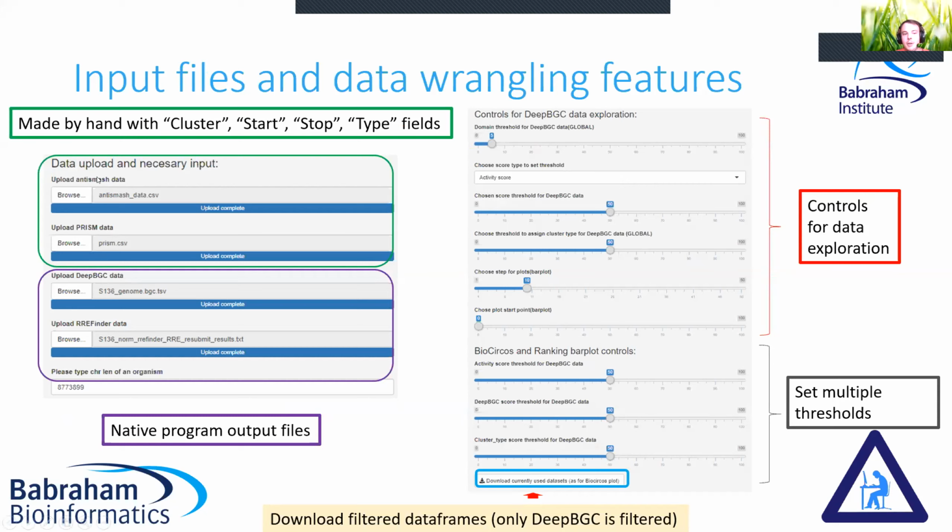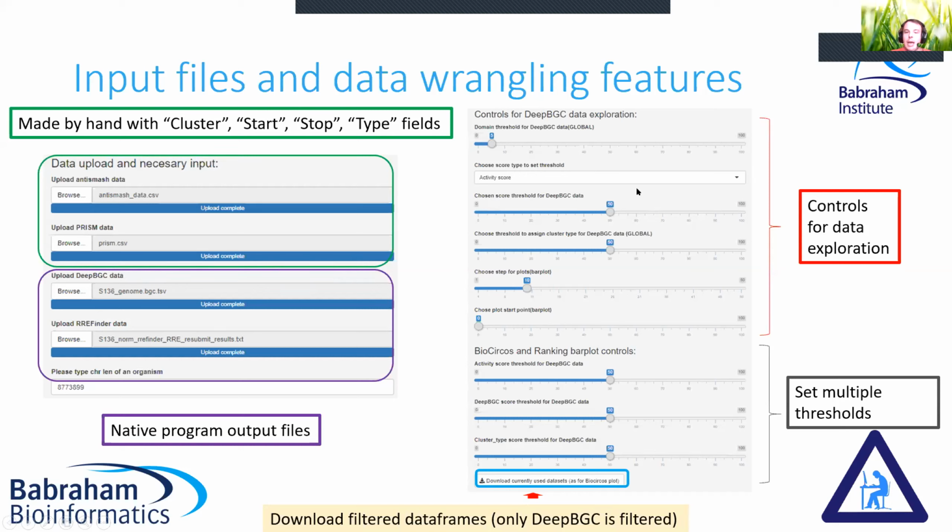The first 2 files were created by hand, so you need to fill in the cluster field, start, stop of the regions, and the type of a region. But the data from DBGC and RRE Finder can be uploaded right from the app.